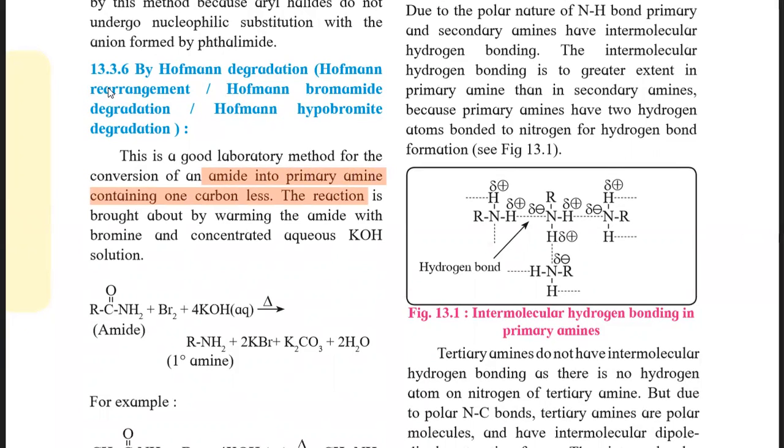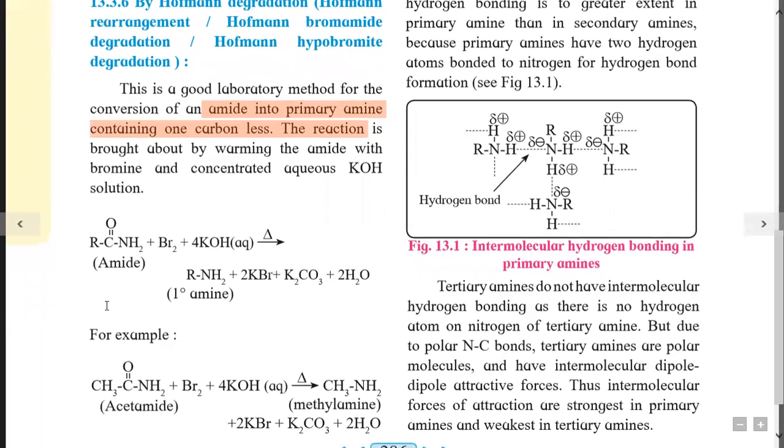Here the loss of one carbon atom takes place, that is the carbon in the form of the carbonyl group, which is given out as carbonate, as potassium carbonate. So the amine has one carbon less than the corresponding amide.